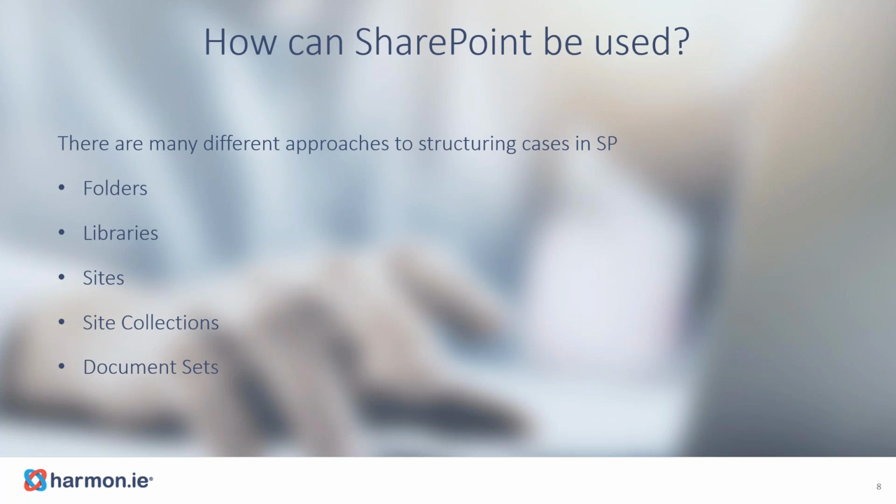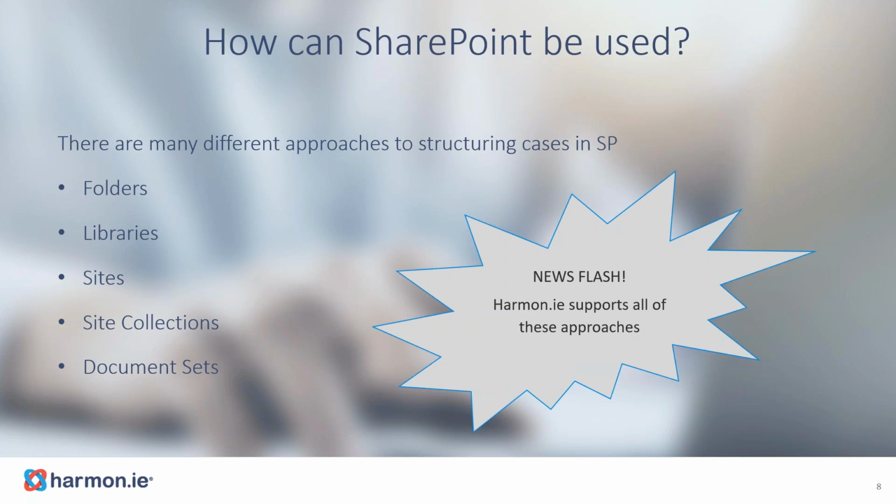One area I've seen a lot in our customer implementations is the use of document sets, because you can have metadata that relates to a particular document set, and everything within that set inherits those key pieces of metadata. The individual contents of the document set can then be managed within it as well. The key thing here is that Harmony supports all of those different approaches.